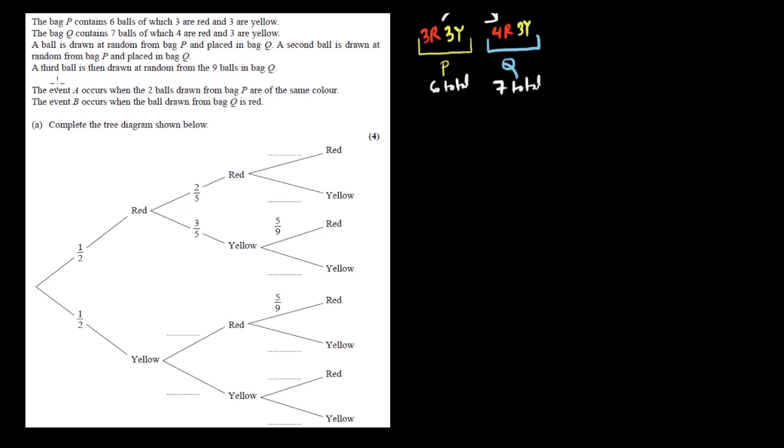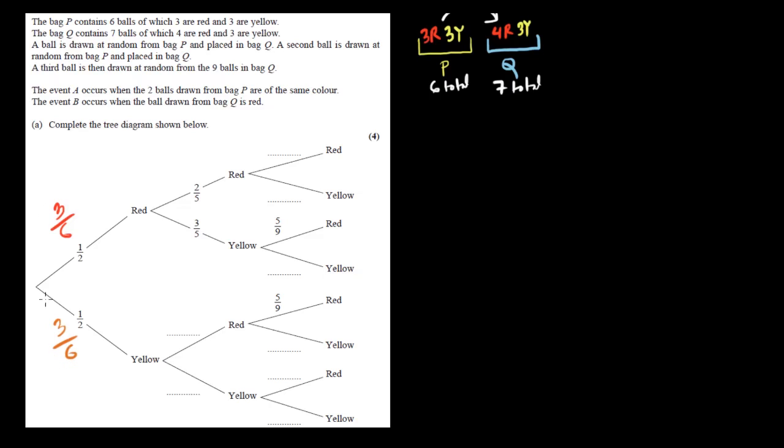So for the first 2 draws, we are taking from bag P. Taking a red has a probability of, let me write it down, although they have given the value, I'm still writing it down. The first one is 3 out of 6, which is half. Taking a yellow from the bag is again 3 out of 6.